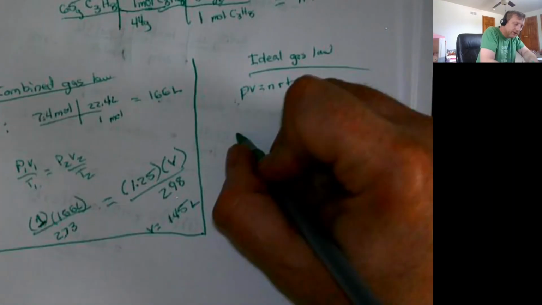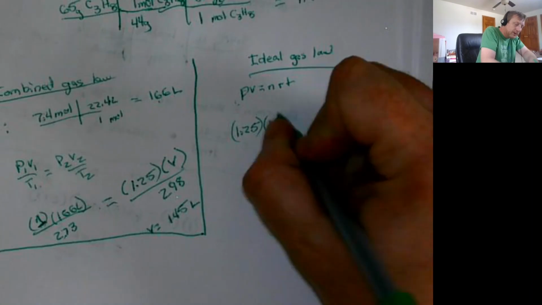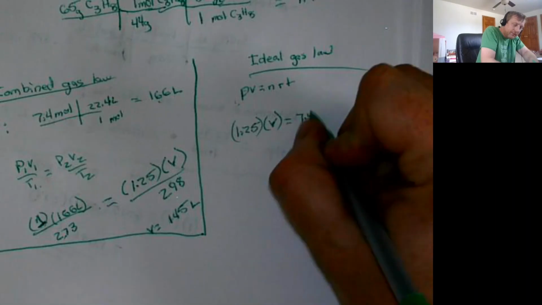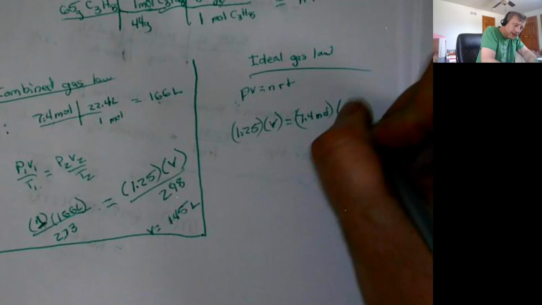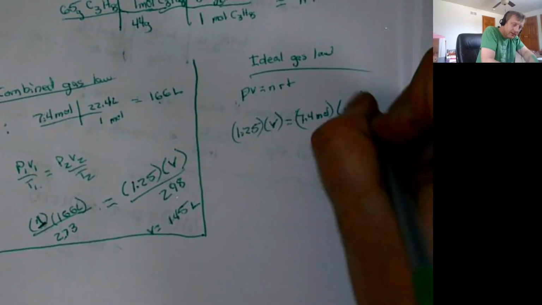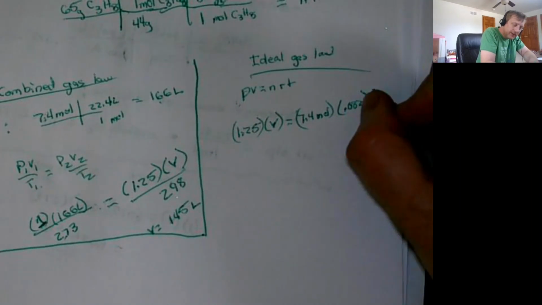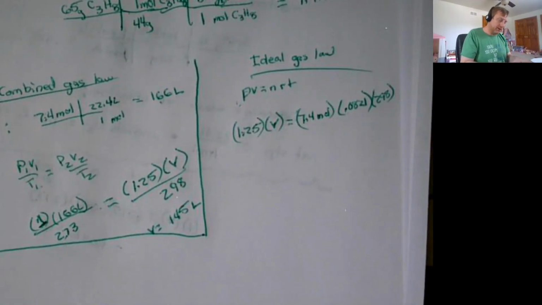Here, our pressure given in the problem is 1.25. Our volume is what we're looking for. We have some number of moles, that's the 7.4 moles of oxygen we needed, multiplied by the constant 0.0821 for R, and then the temperature given in the problem, which is 298 K. If we run that through our calculator and solve for V, we should come out with exactly the same thing we did.